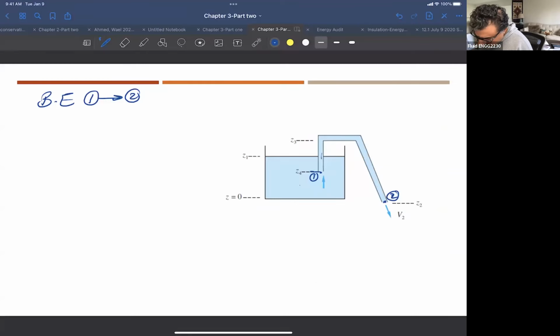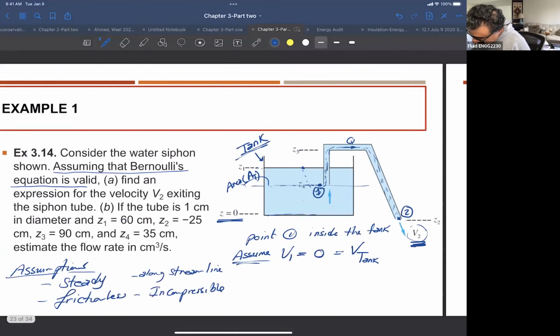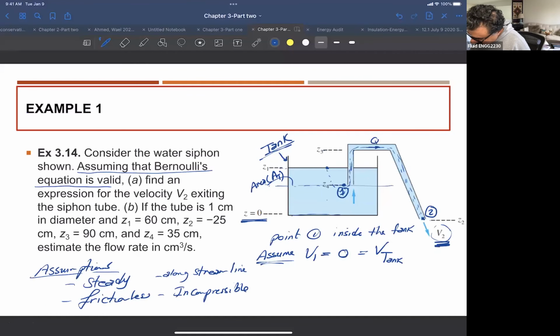So this is the location of Z4. So I can say P1 over gamma plus Z. Because I don't want to confuse, since we use Z1 here, can I write it with a Roman numeral I?